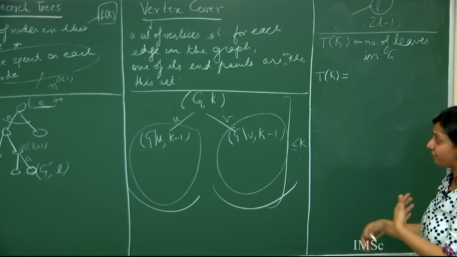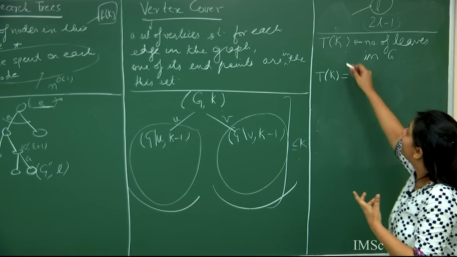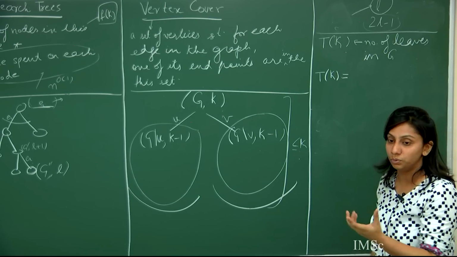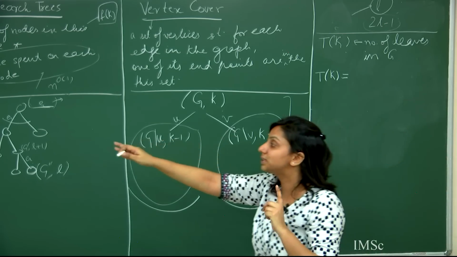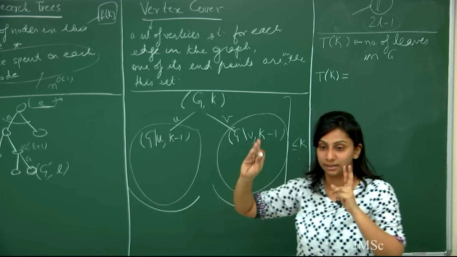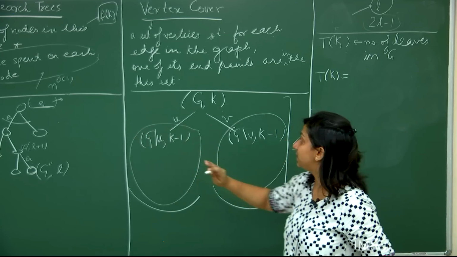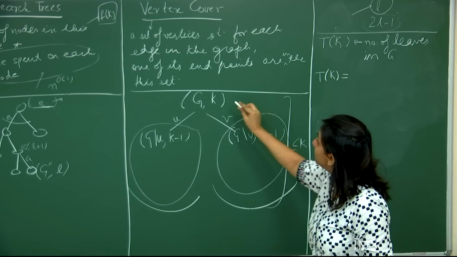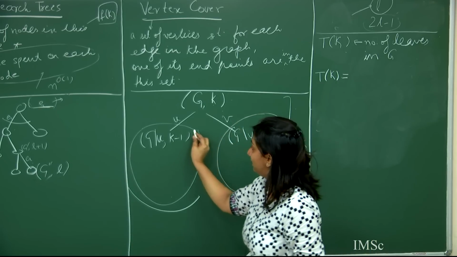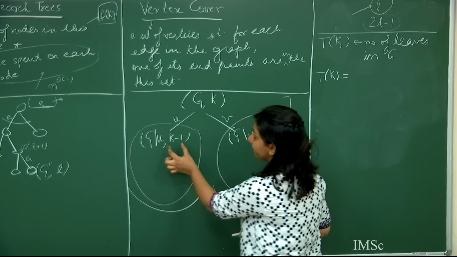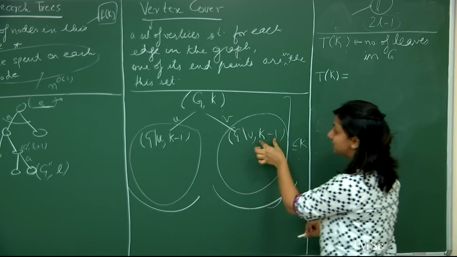If I have to write a recurrence, we typically write these recurrences in terms of mu. Remember, mu was the measure that we associated with the branching tree. In our case, mu is nothing but the solution size. So if Tk were the leaves here, note that this instance has k minus 1 as the measure, and this instance also has k minus 1 as the measure.